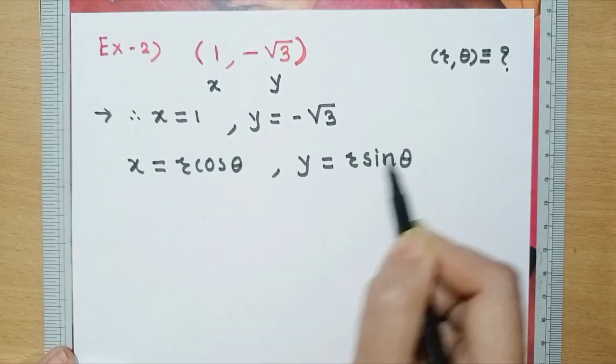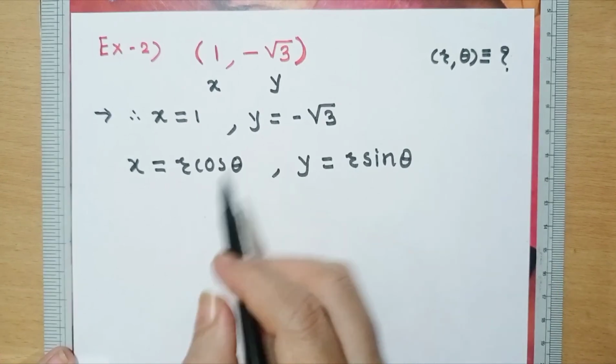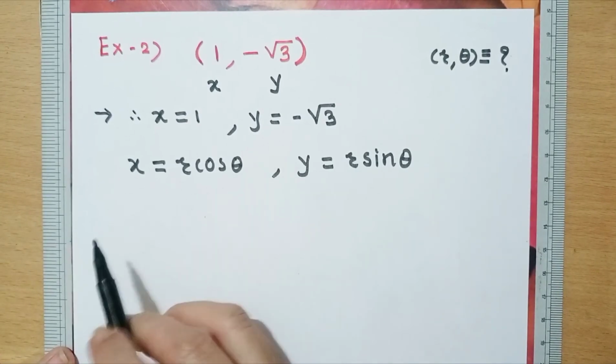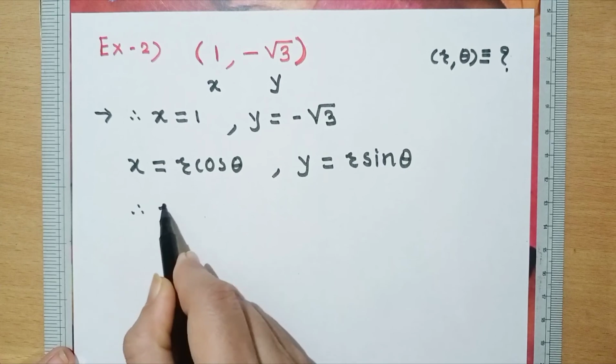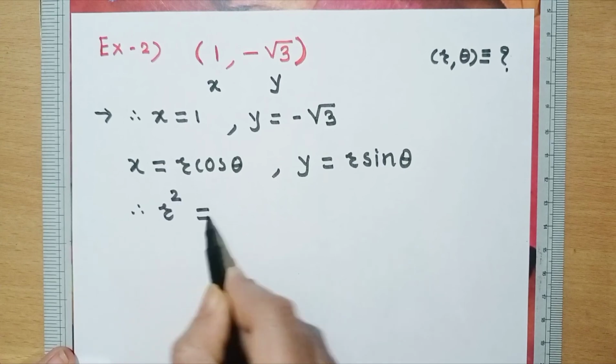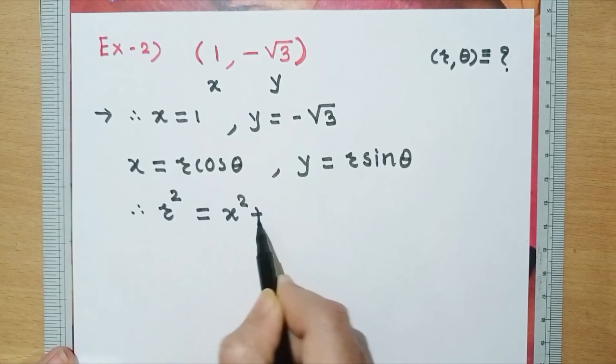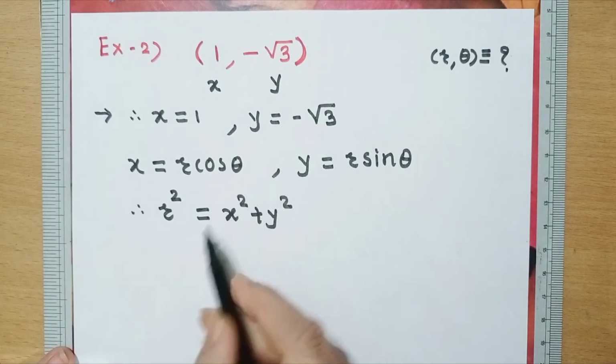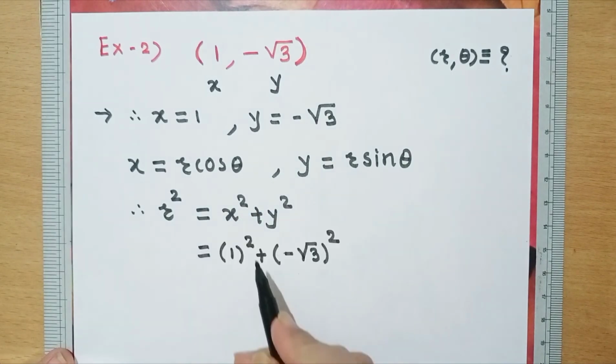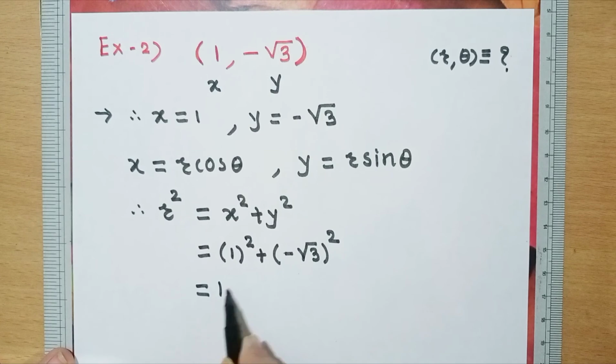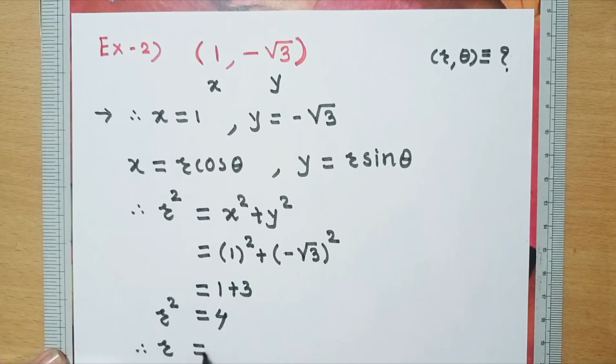So by squaring and adding, as we have done in the previous example, we have the relation r square is equal to x square plus y square. Now substitute these values here, and this is equal to 1 plus 3, and that is equal to 4. R square is equal to 4, and therefore taking square root, r is equal to 2 since r is greater than 0.